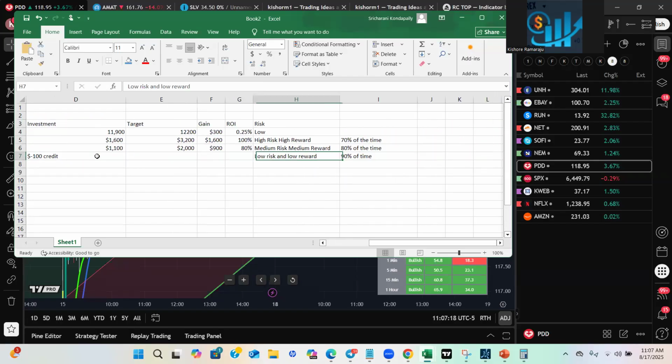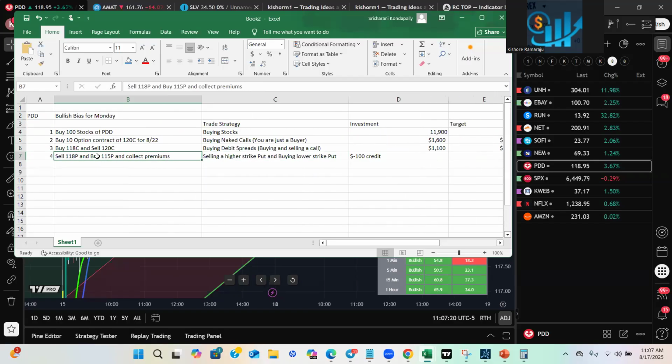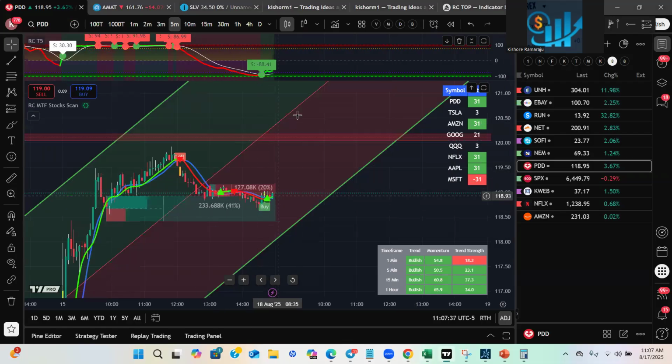So this is called credit spreads, where if it is a bullish stock, you sell a higher strike put, buy a lower strike put, and then you collect the credit. As long as the stock stays around this region, you will make profits. So when it is completely looking bullish, you can do it like that, right?